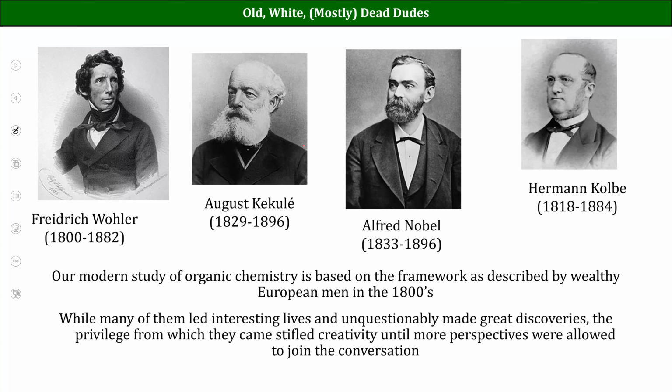So this isn't a class where we can propose other viewpoints all that well, because it's science and it was discovered by these dudes. But it's also worth acknowledging that the reason they were able to do that is because they came from privilege, and they were not kind people in general.